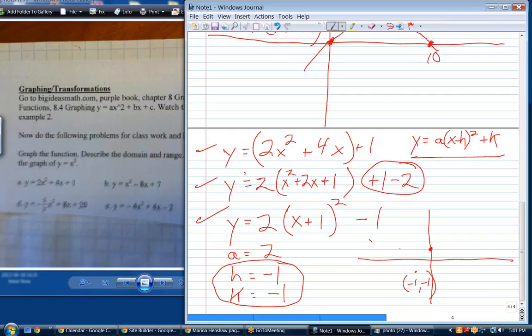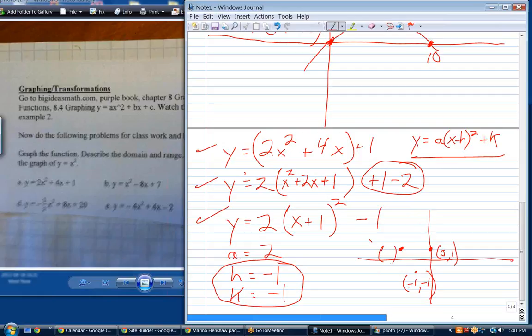So what is this point right here that I know is symmetrical? I know this point here is 0, 1. What's this point over here that I don't have to figure out? I just have to notice that it's equidistant from a vertical line that I draw through the vertex.